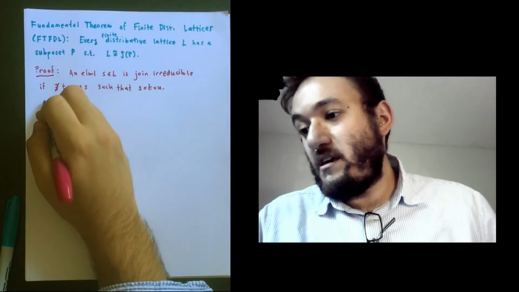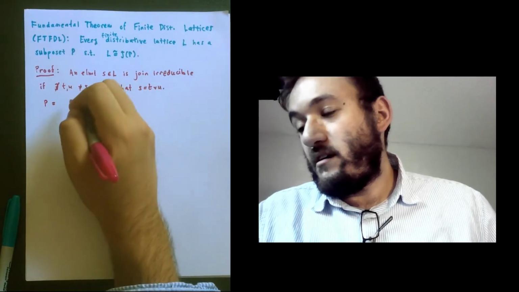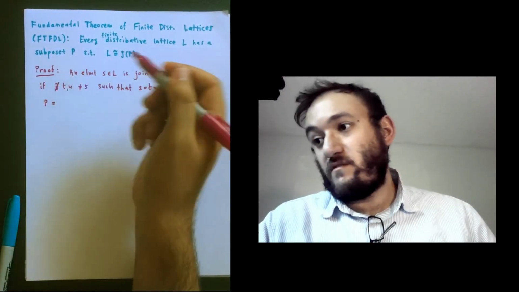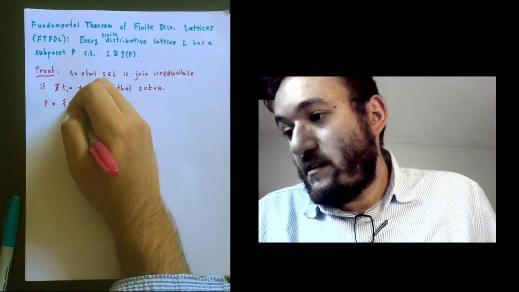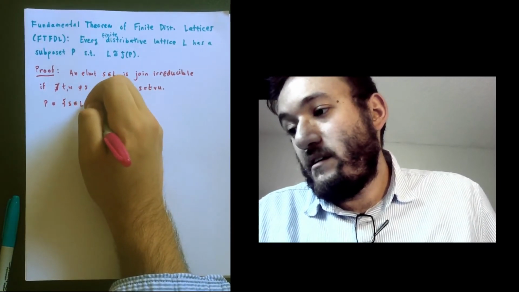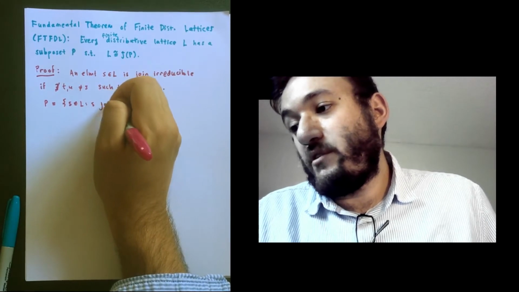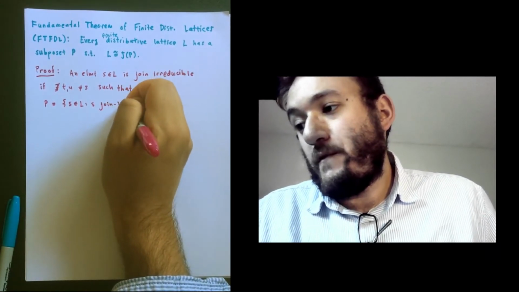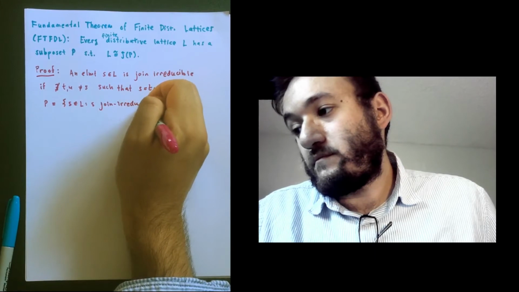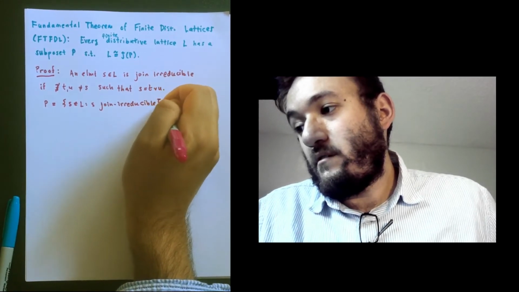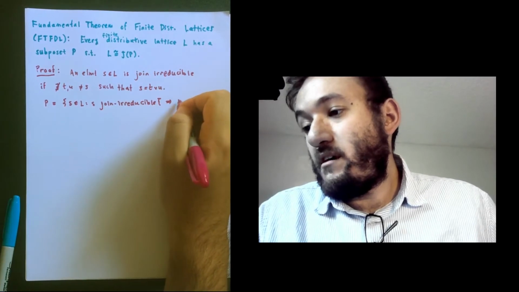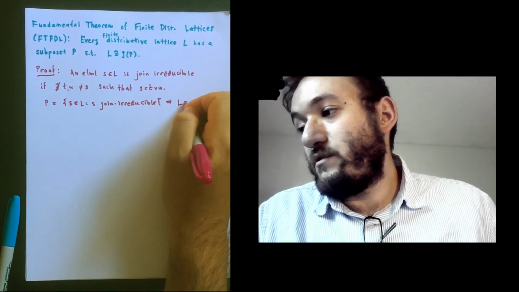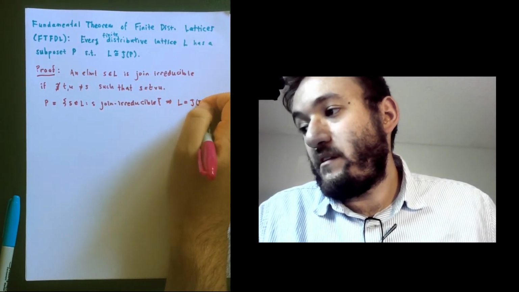Then if we take P to be the subset of elements of L, P equals S in L such that S is join irreducible, then L is equal to J of P.